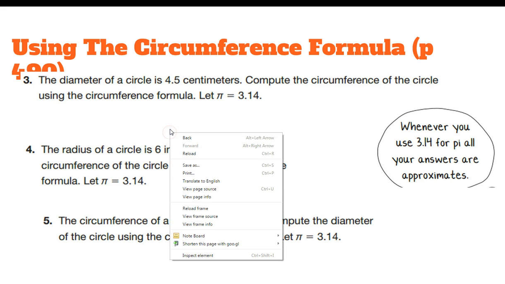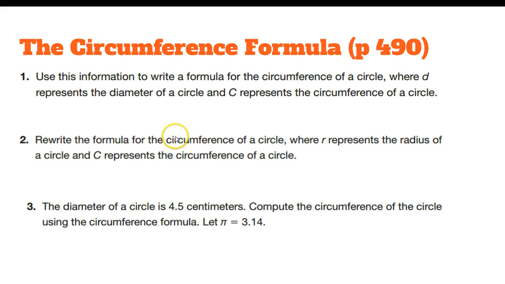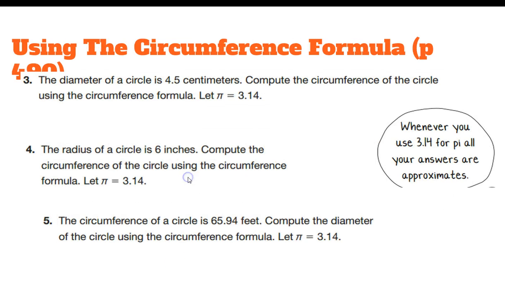So let's think about what we're going to use. We're given the radius, so I wonder which one we should use. Should we use the formula that has the diameter, or the formula that has the radius? If you said radius, you are correct.